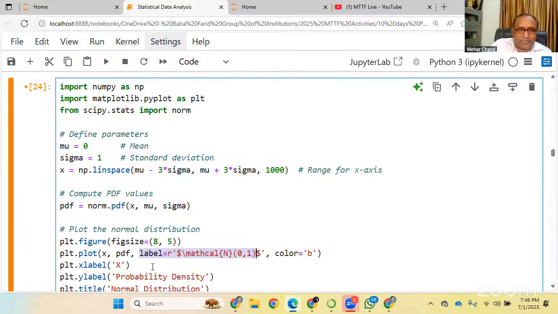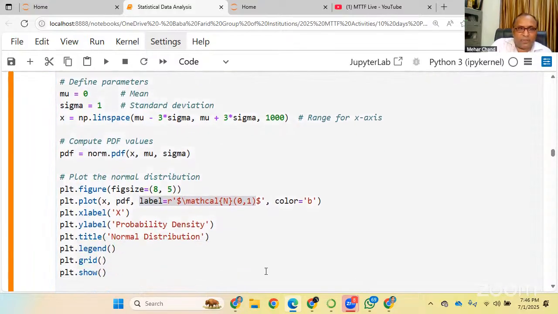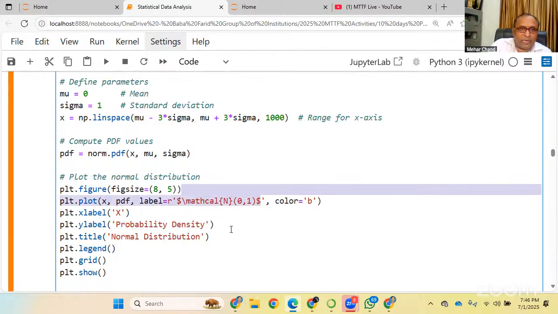Then we have the x label, y label, and title. On the y label we have the probability distribution, and the title is normal distribution. A legend is there for this value, a grid is there, and plt.show shows the graph.